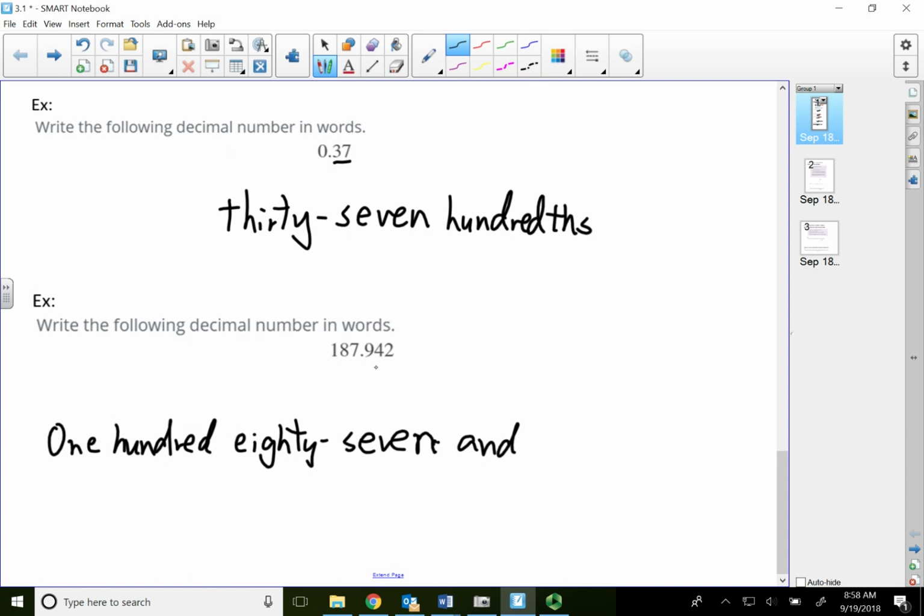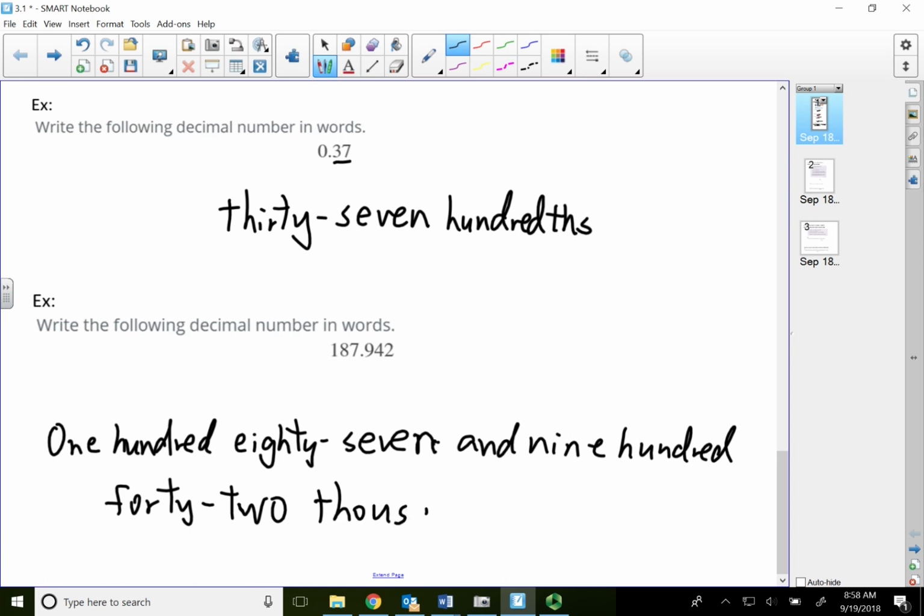So 942. Now behind the 2, I'm going to tell the reader what the 2 is sitting on in terms of decimal place value. So the 2 is sitting on the hundred-thousandths. I have to add that.